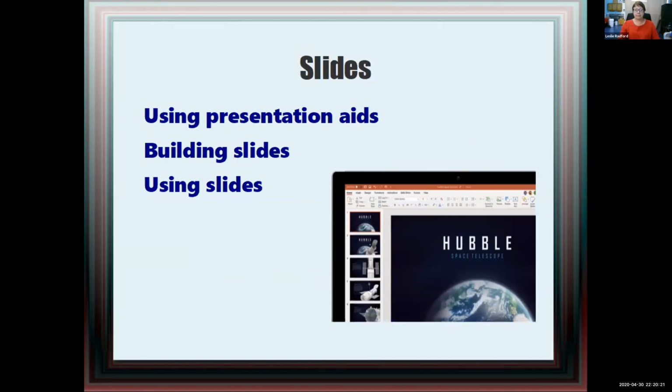Okay, slides, PowerPoint. Or in my case, I use LibreOffice, which, in case you don't know, there's LibreOffice and OpenOffice. They're essentially free versions of Microsoft Office, and they're completely free and available online.